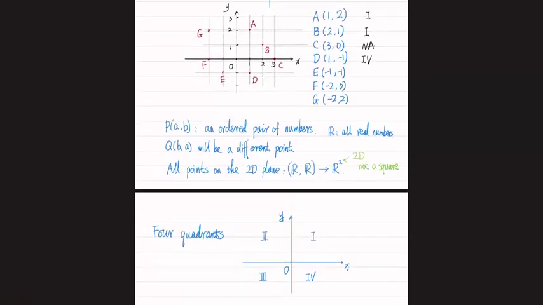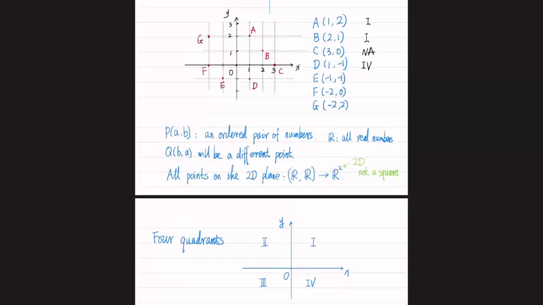Okay, so these are the quadrant numbers. Amy, have you seen this before? 1, 2, 3, 4. Okay, cool. And Fred, point E, which quadrant? Third.